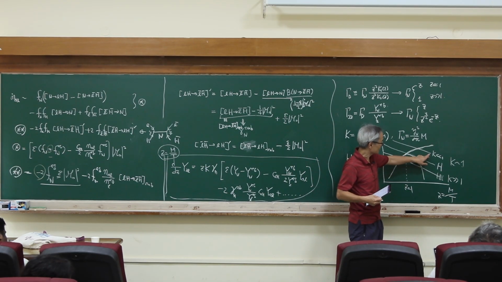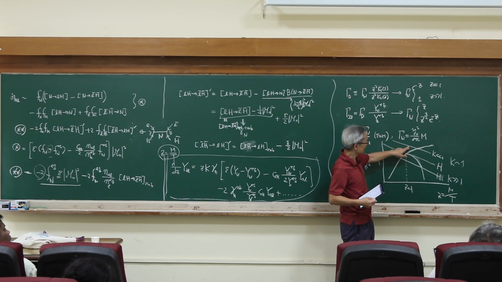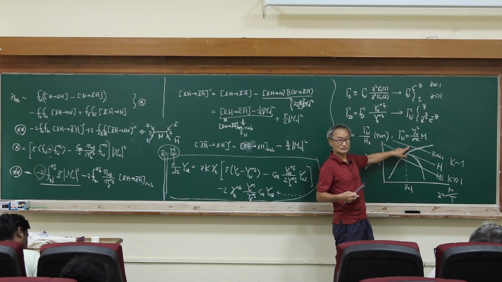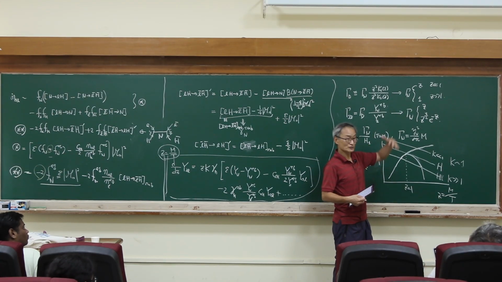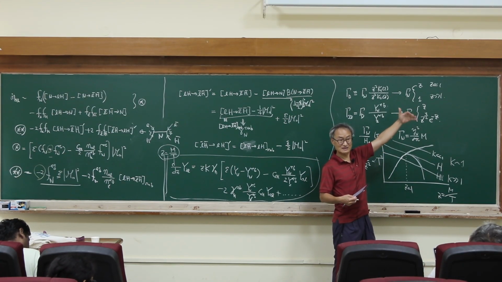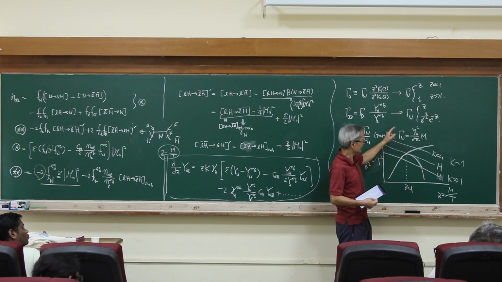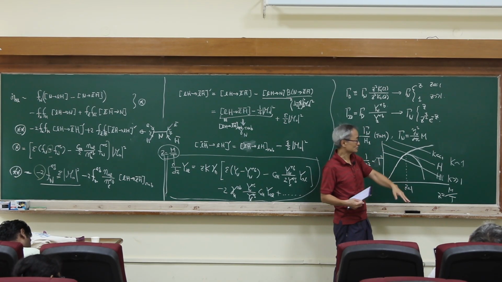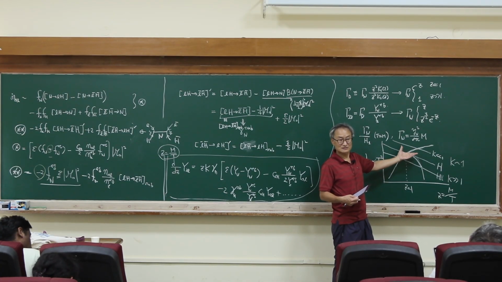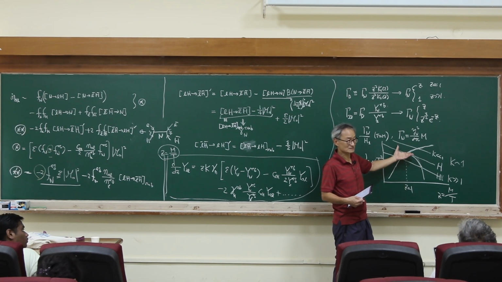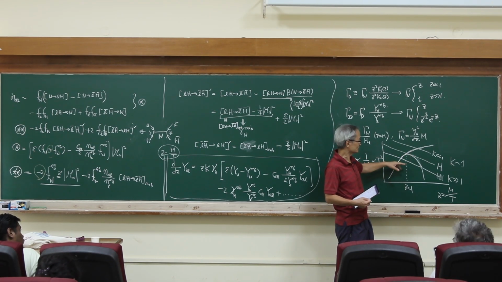For K much smaller than 1, if you start with vanishing initial right-handed neutrino number density, then decay and inverse decay or scattering should produce right-handed neutrino abundance, which will decay at some point and produce asymmetry. So the amount of asymmetry you can produce could be suppressed, because in the beginning there were not enough right-handed neutrinos.